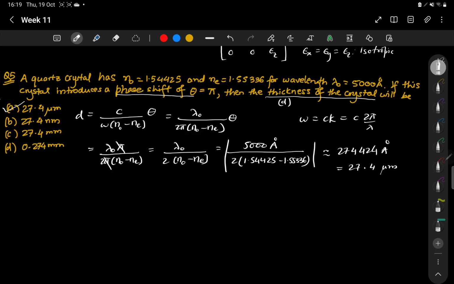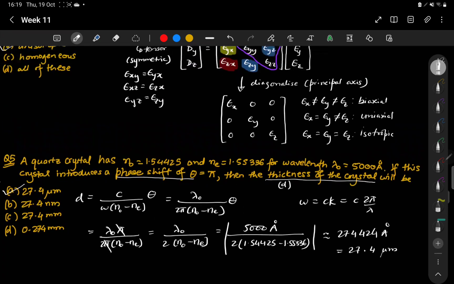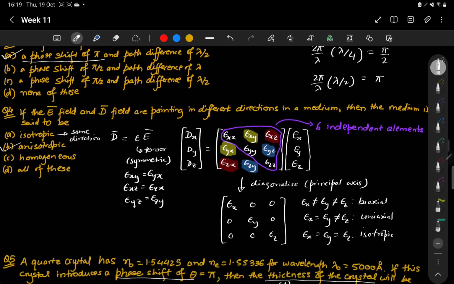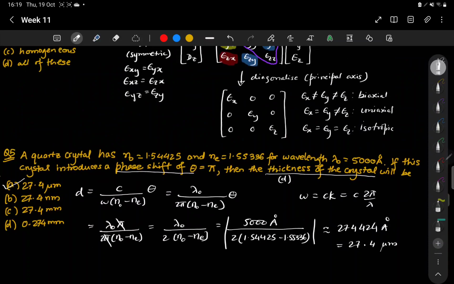So notice that any thickness will not work. This is the particular thickness that is required for it to create a phase shift of pi. And as we have seen earlier, a phase shift of pi means that it is a half wave plate. So theta equals pi means that we want a half wave plate.